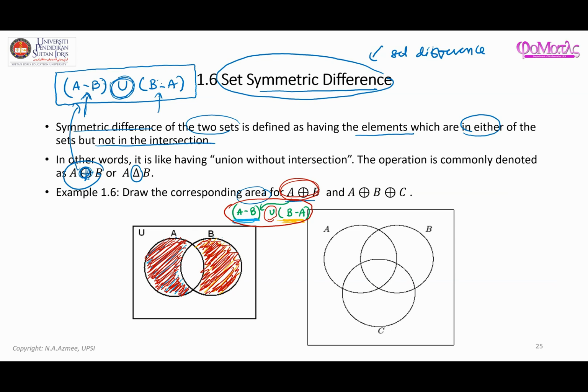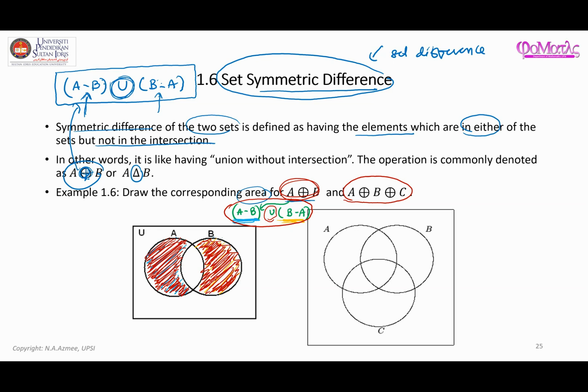Now let us try and solve a slightly more complicated problem, where we have three different sets, and we're going to find the symmetric difference of sets A, B, and C. You can try to sketch the area on your own first, and let's see whether your area is similar to what I'm going to give you in a few minutes.